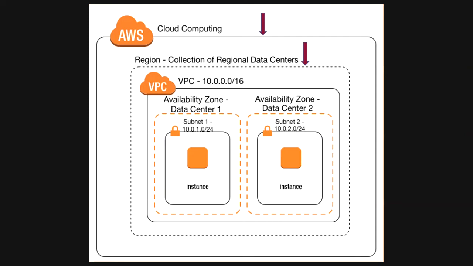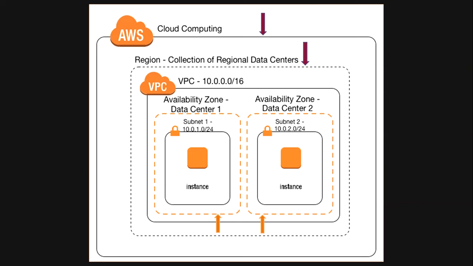See here, there are the dotted lines. That is called an availability zone. Every region will have availability zones. For your understanding right now, you can assume an availability zone is nothing but a data center.